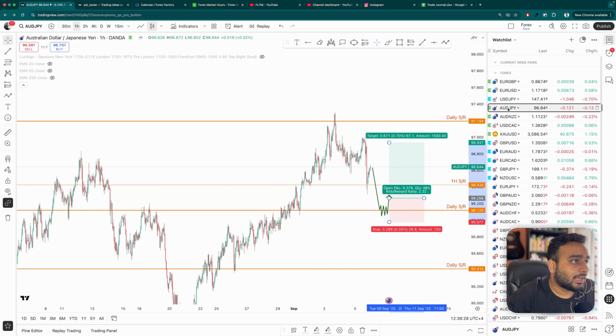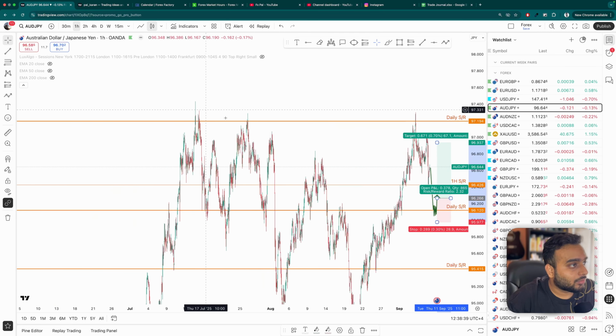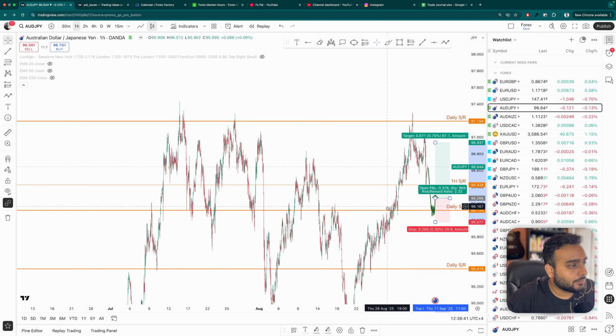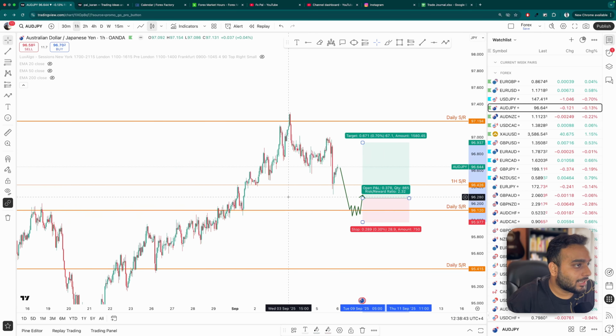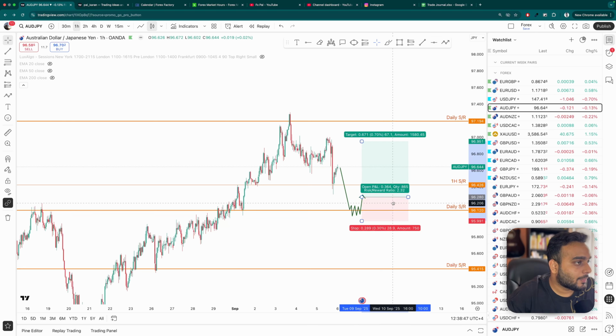So AUD JPY, I am interested again, but from this position exactly where this is, where I should have taken the previous trade. But anyway, that trend line was a serious thing to consider. So same trade again from previous week. We want price to come back down, give us a reversal.